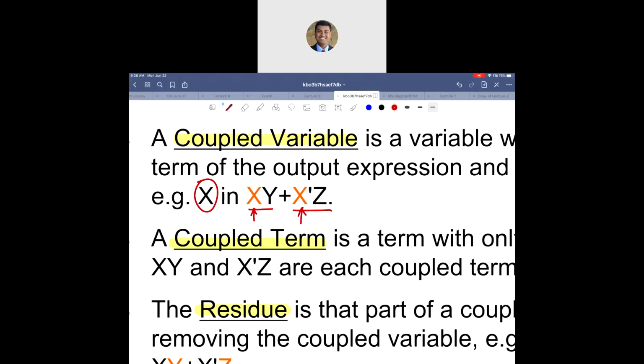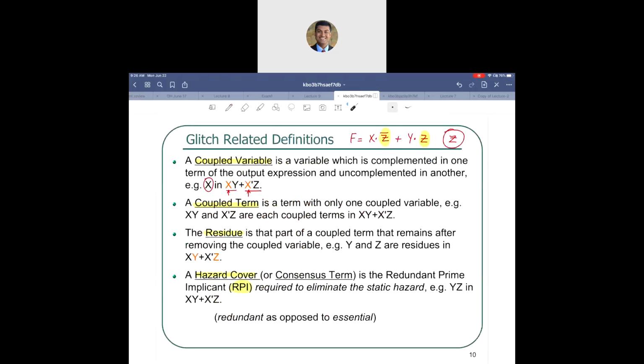Next, coupled term. Coupled term is a term with only one coupled variable. Example, well, both of these are coupled variables, right? So in blue, I can say this is a coupled term, this is a coupled term because they have z and z complement. So both of them are coupled terms.